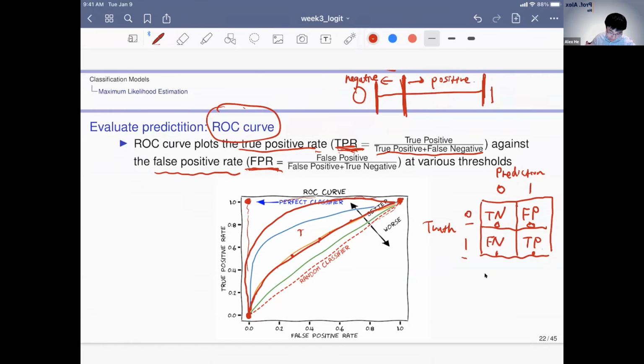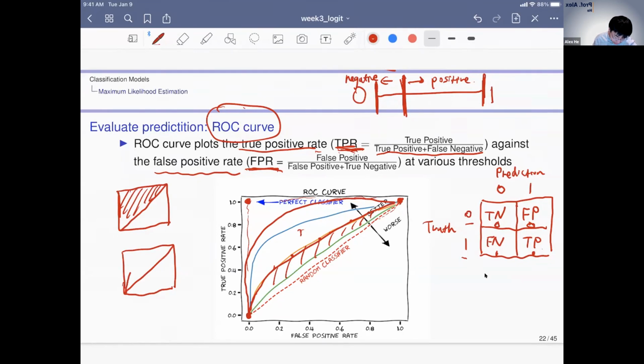So then we have a statistic calculating the area between the curve and the diagonal. So this is the diagonal. For a perfect prediction, you have that area equal to half of this square, right? For a slightly worse prediction, you have the area equal to this. And for an even worse prediction, if it's very close to the diagonal, then this area would be very close to 0.